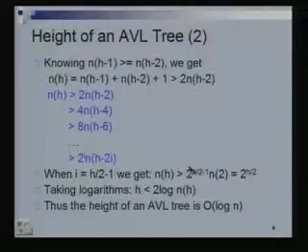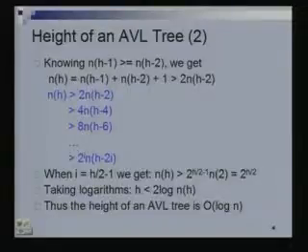Is there something you did not follow? Are you confused about this n of h? Right. So this is what we argued after taking logarithms. Now let me take a tree of height h and n nodes. n is going to be larger than n of h because n of h is the minimum number of nodes that are possible in a tree of height h.